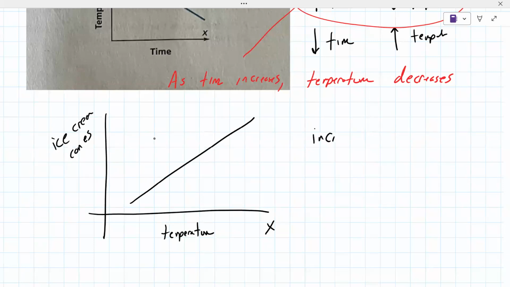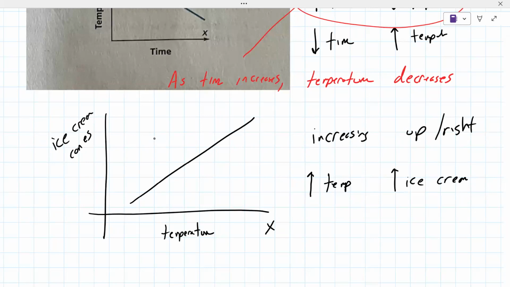Increasing. It's increasing because it's going up and to the right. So now we can say the same thing. Temperature and ice cream. As temperature increases, ice cream increases. As temperature decreases, ice cream decreases. Do you see how the arrows go in the same direction?